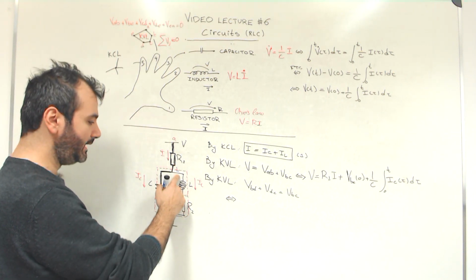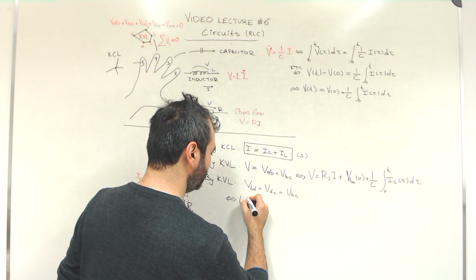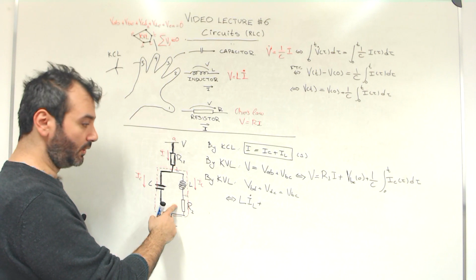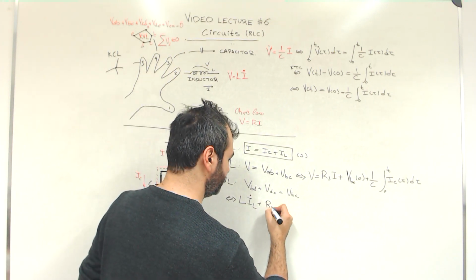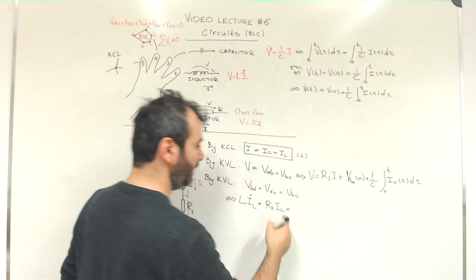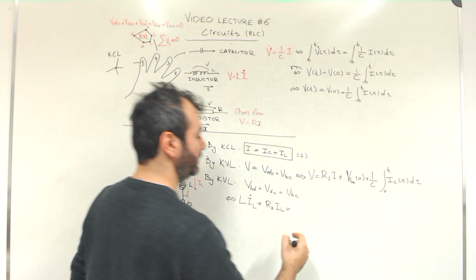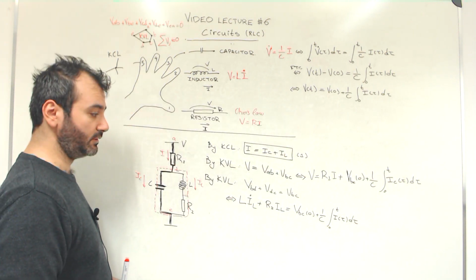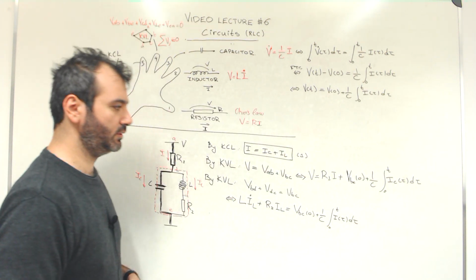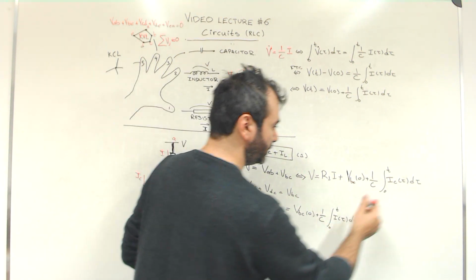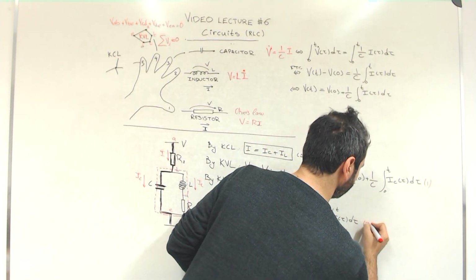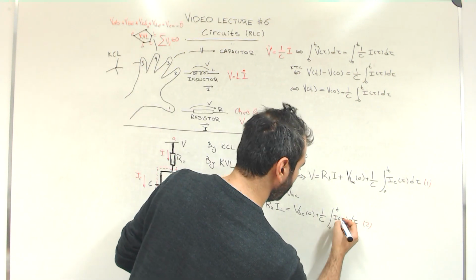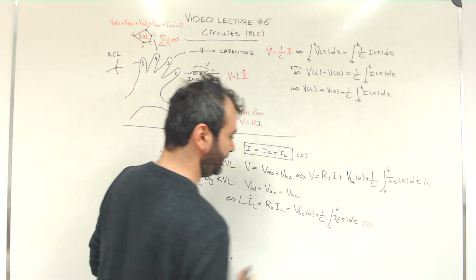So VBD is equal to, and then this one by Ohm's law is, and BC, we know BC from before. We have an integral differential equation. So now this is almost good, because we have 2 equations that involve the following variables. Actually, excuse me, this should be IC over here, as it is here.